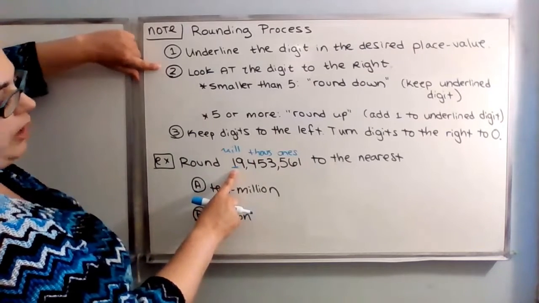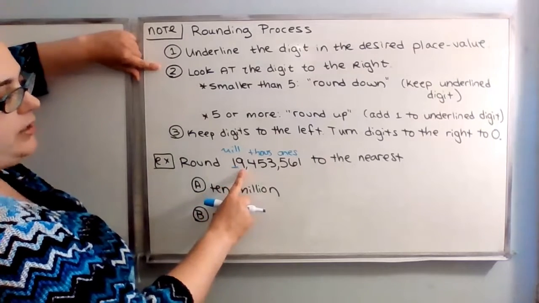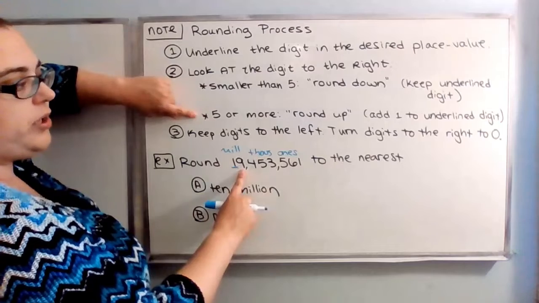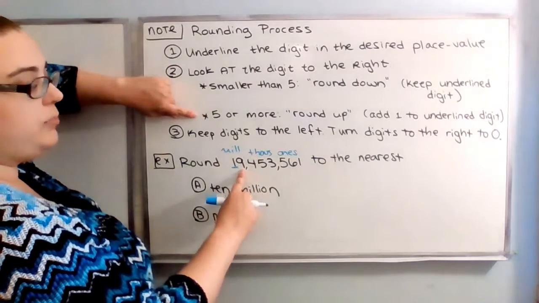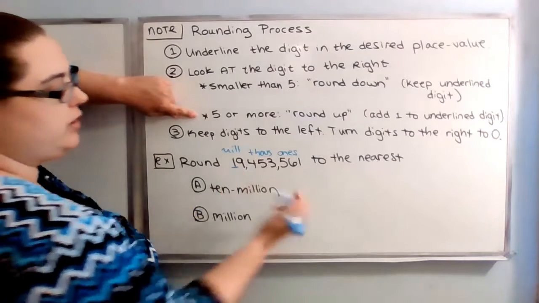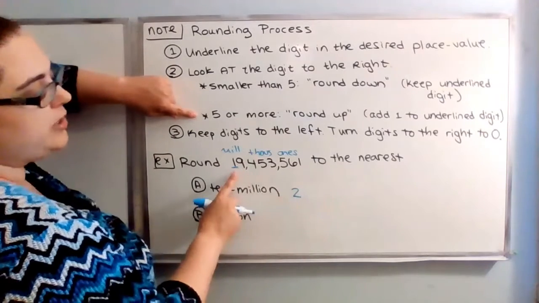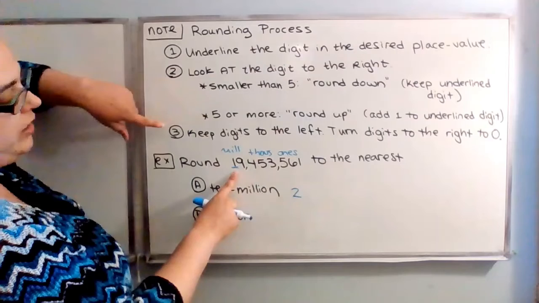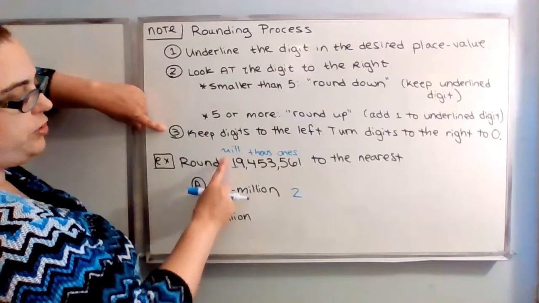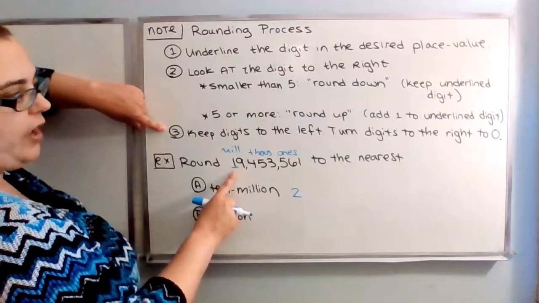Now for step 2, I'm going to look at the digit immediately to the right, and this is a 9. So 9 is 5 or more, so we're going to round up. So we have to add a 1 to this underlined digit. So this 1 is going to turn into a 2 because it's rounding up. Then for step 3, we keep digits to the left. Well, there is nobody to the left of the 1, so we ignore that piece.